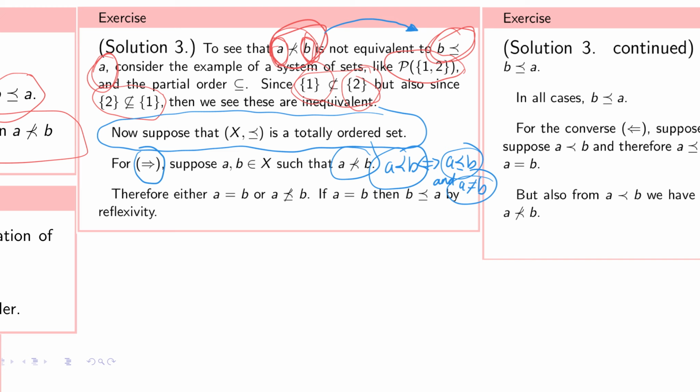The negation of this clause is that A is equal to B, and the negation of this clause is A does not ⪯ B. So this disjunction follows from A does not precede B.